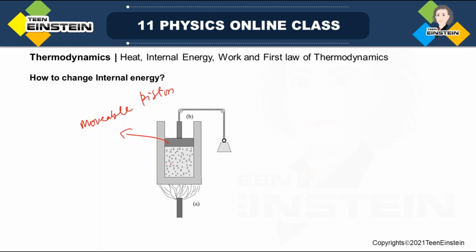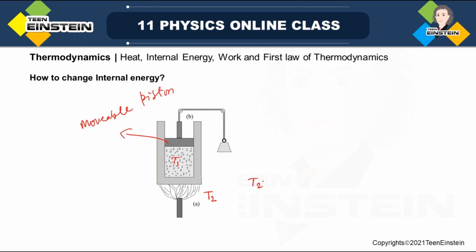When the temperature is increased, then internal energy will be changed, as I said. Internal energy is directly proportional to temperature. So how do you change the temperature? Suppose you keep the system in a surrounding which has greater temperature, suppose the surrounding has T2 temperature and the gas has temperature T1.